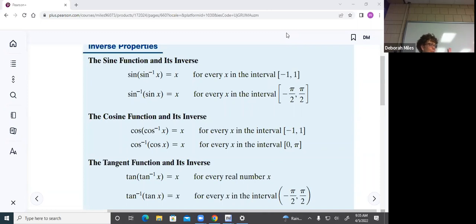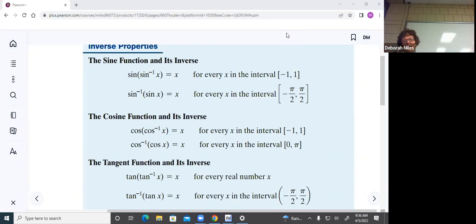So what I'm trying to prepare you for, what we're about to look at in the book, is that it's not always true that trig and inverse trig undo each other. There are caveats that you have to pay attention to. So let's look at the blue box on the notes, say page 629.